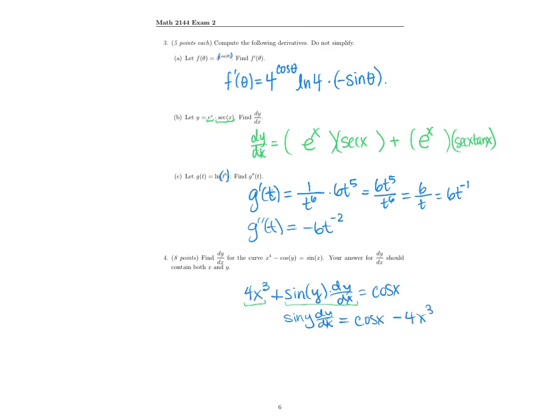And now what's left for solving for dy/dx is I can see that I have sine y that's multiplied by dy/dx, so I'm going to divide that over. So I get dy/dx is equal to cosine x minus 4x cubed divided by sine of y. And there's my derivative, and you'll notice again that my answer for dy/dx should contain both x and y, and it does.